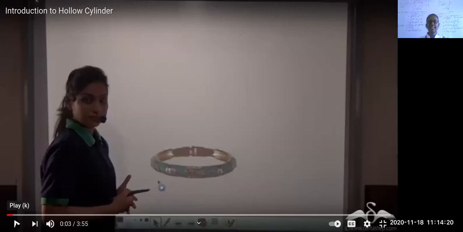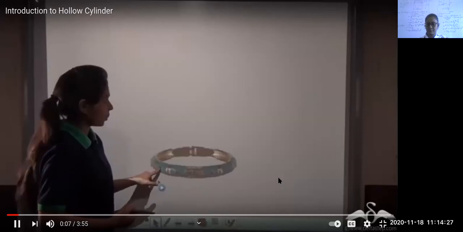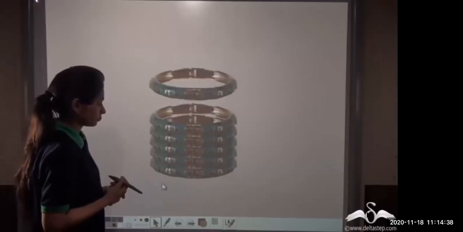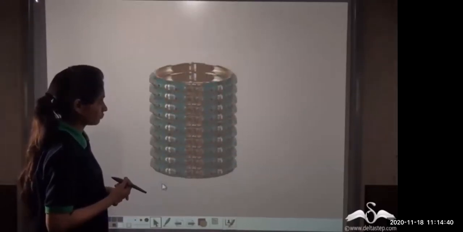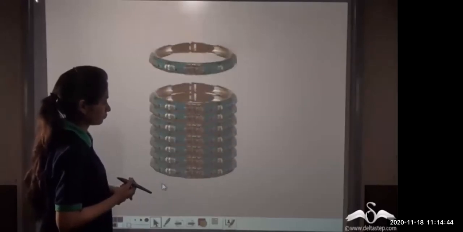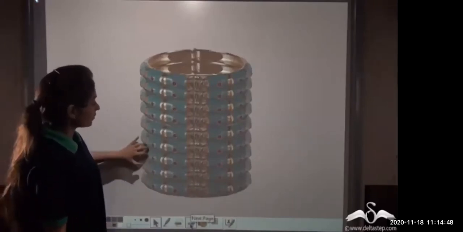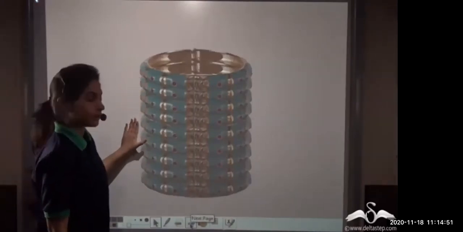Just see how this hollow cylinder gets created. And this bangle is of a circular shape. Now this bangle is actually hollow from inside so that we can wear it. But let us stack up some kinds of bangles like this. Now you can see that the stacked up bangles are actually forming a cylinder.